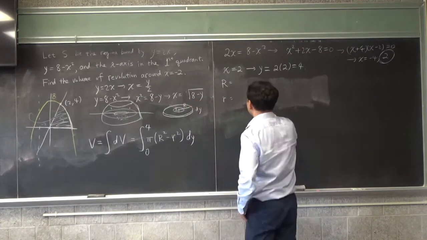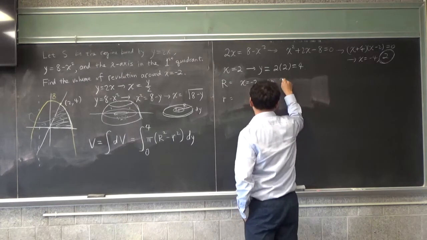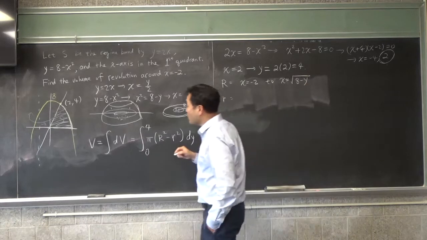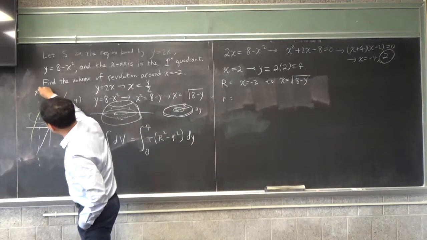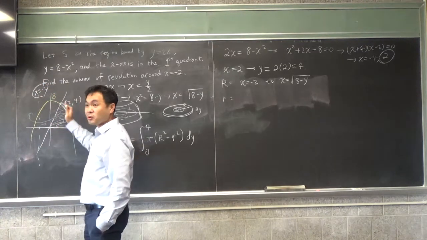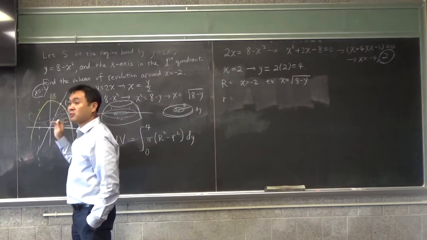So it's really from x equals negative 2 to x equals the square root of 8 minus y, because it's the distance from x equals negative 2 until x equals the square root of 8 minus y.